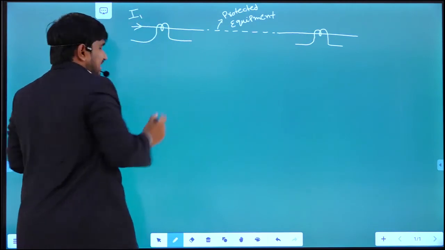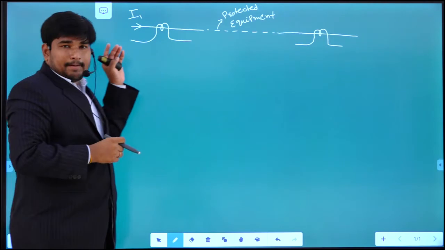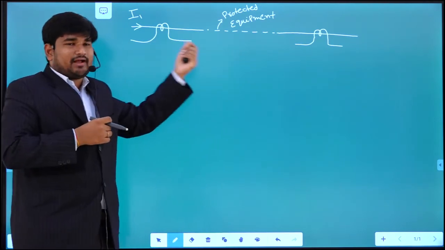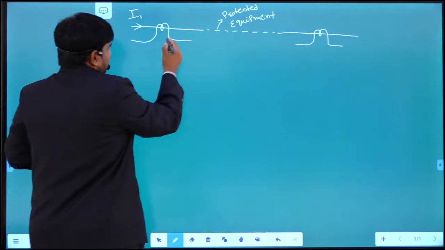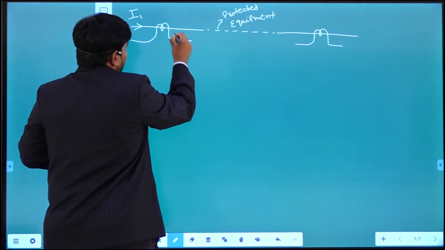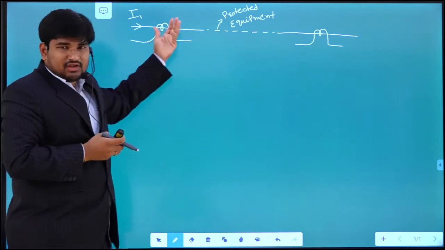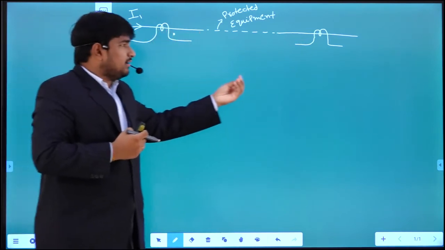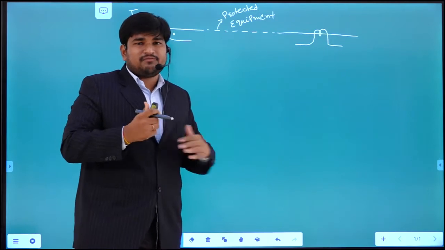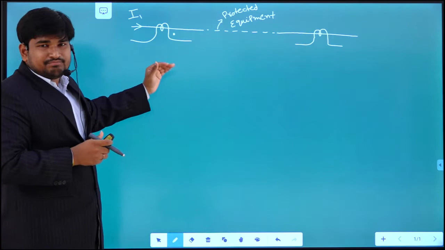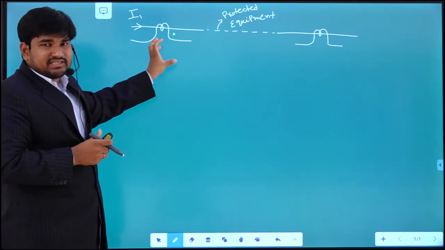This is I1, the current which is input to the equipment. And I have taken a dot here on the CT, because for any CTs, maximum we will use a single-turn primary only. So that's why on the secondary, I just indicate the dot notation.